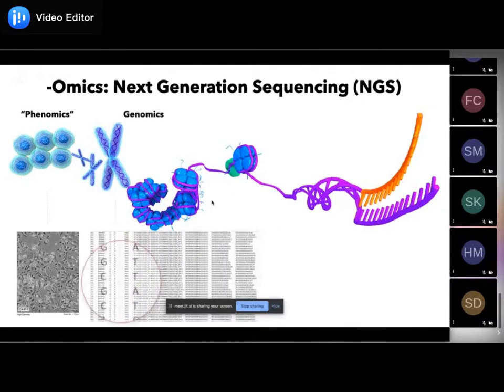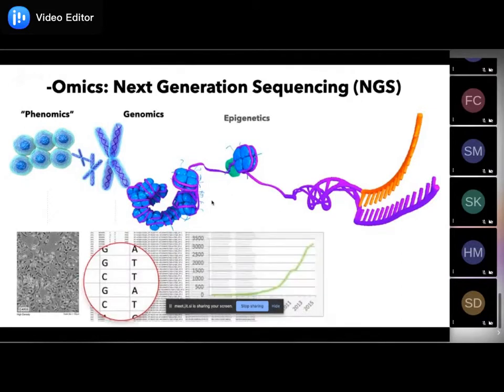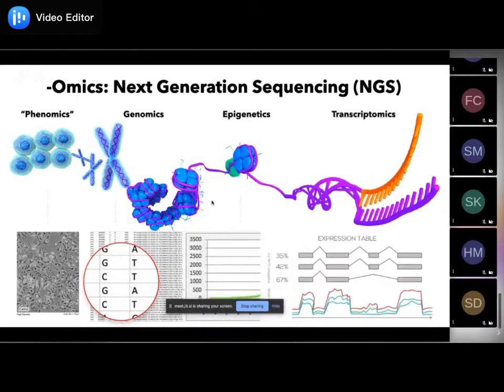To understand the terminologies: phenomics, genomics, epigenomics, transcriptomics. What are these technologies? Phenomics is something that we observe. For example, a clinical example: when you visit a doctor, the doctor asks you about your age and checks your weight.